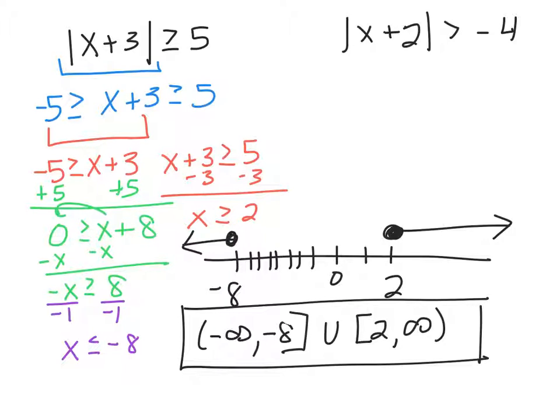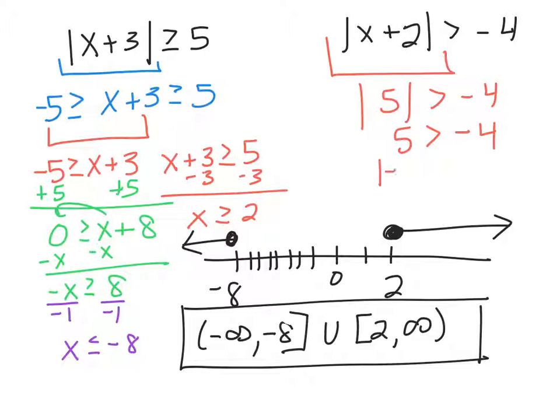This next problem on the screen, again, I already have it isolated, so I'm good. Can an absolute value ever be greater than a negative number? So if I take the absolute value of 5, is that greater than -4? No. Or excuse me, yes. 5 is greater than -4.